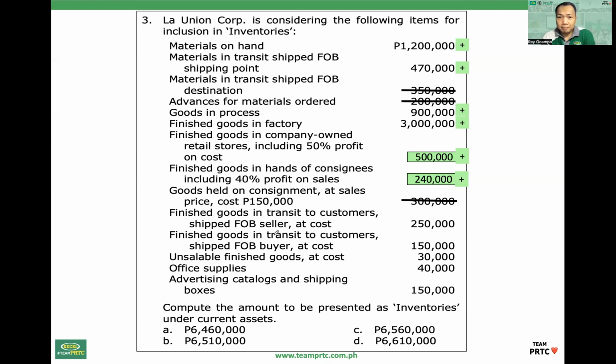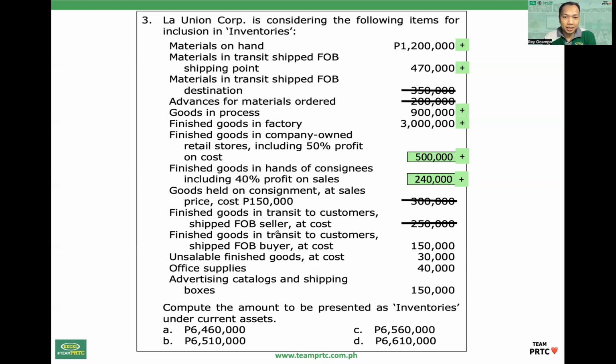Free on board at the seller's place. Meaning it is free only up to the seller's place. From seller to buyer, the buyer pays the freight. So FOB seller is the same as FOB shipping point. Since it is FOB shipping point, while in transit it is considered sold already. So who is the owner? The buyer. The entity is the seller. So exclude. Not owned. Sold already.